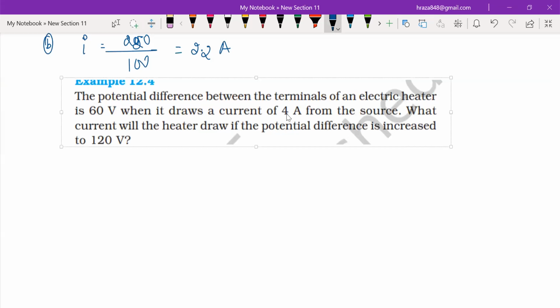We have V, we have I. If the potential difference is increased to 120 V, what current will flow? That would be 120 upon 15, which is equal to 8 amperes.